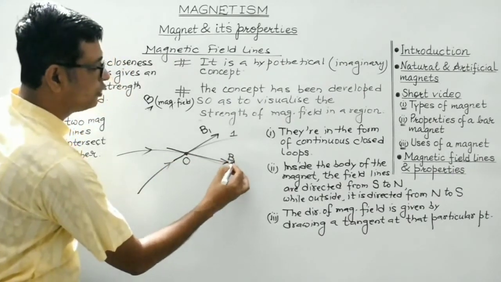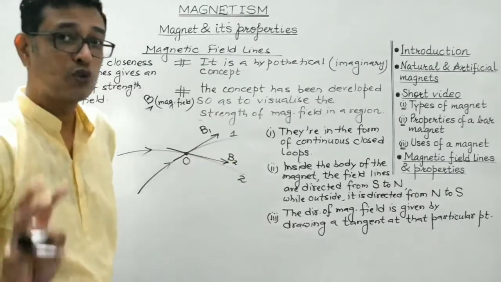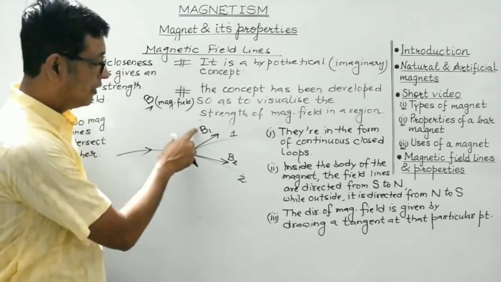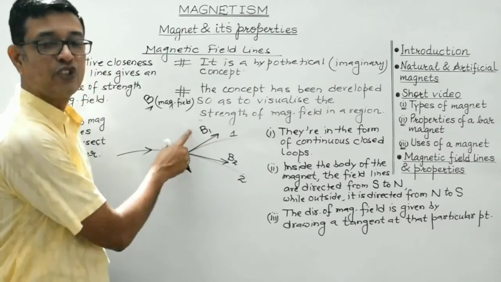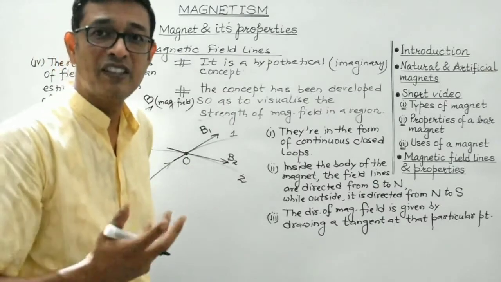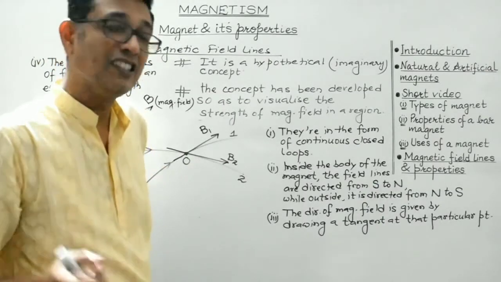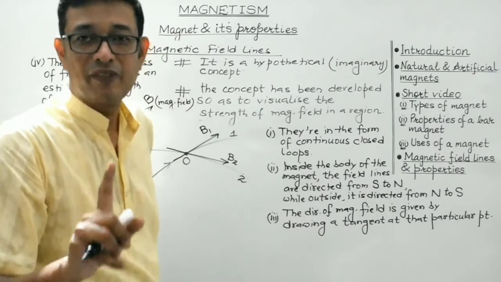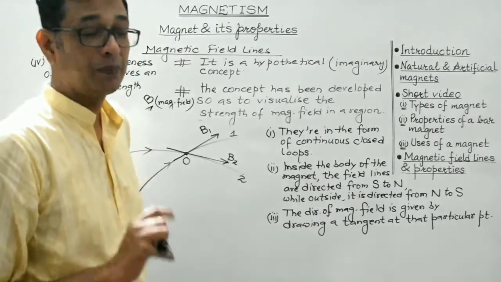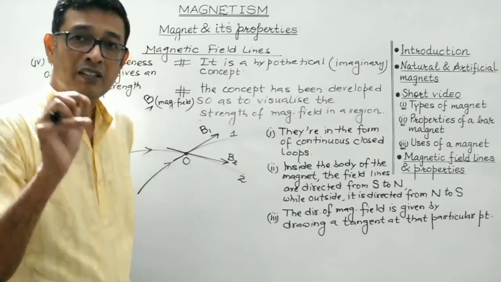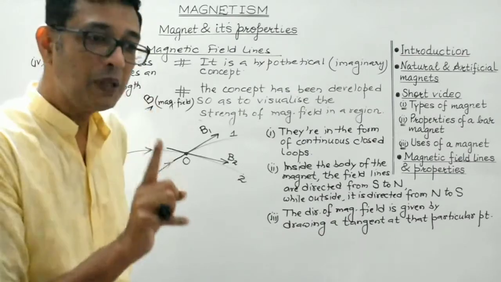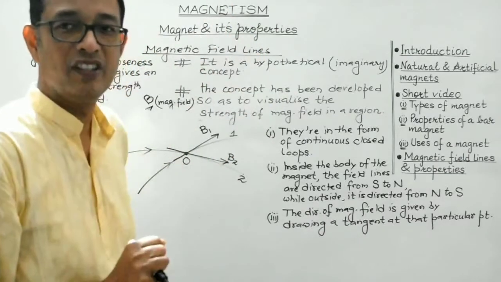It is B2. Now look, students, what is happening is that at the same point O, we have got two different directions of magnetic field, which obviously is not feasible, which obviously is not possible. This is the reason why magnetic field lines can never intersect each other. I repeat, students, the direction of the magnetic field at a point must be unique, must be in a single direction, isn't it?